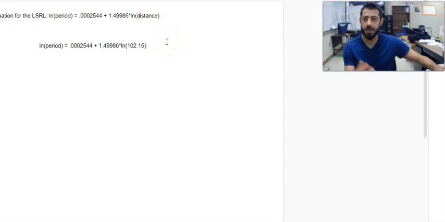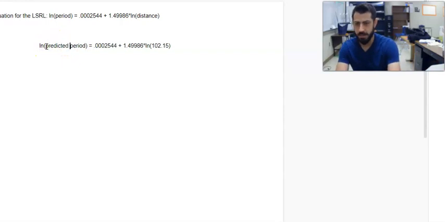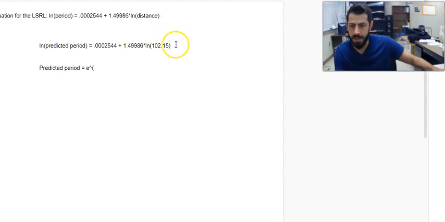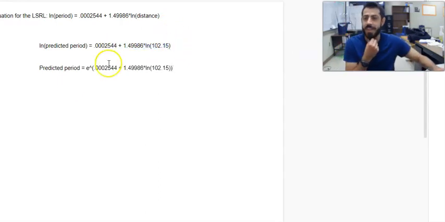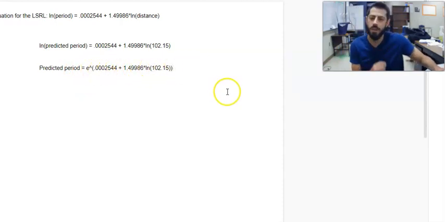So first we get the value for the predicted period, and that will equal e to the power of, and then all of this stuff. There you go, right? So that is what we're going to put in our equation. This side over here, e to the power of all that.